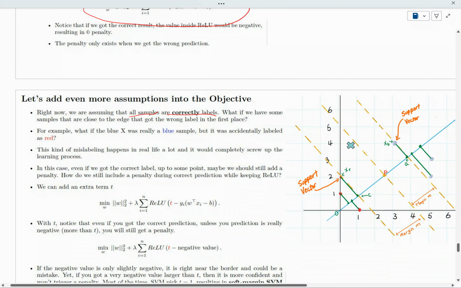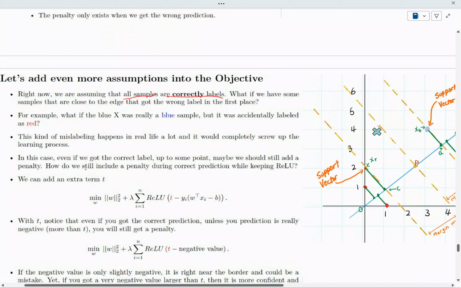This kind of mislabeling happens a lot in life, and it will completely screw up the learning process. Therefore, in order to compensate for minor screw ups, we don't ignore the label if it's already correct. If we get the correct label, previously ReLU is going to say, let's ignore it.